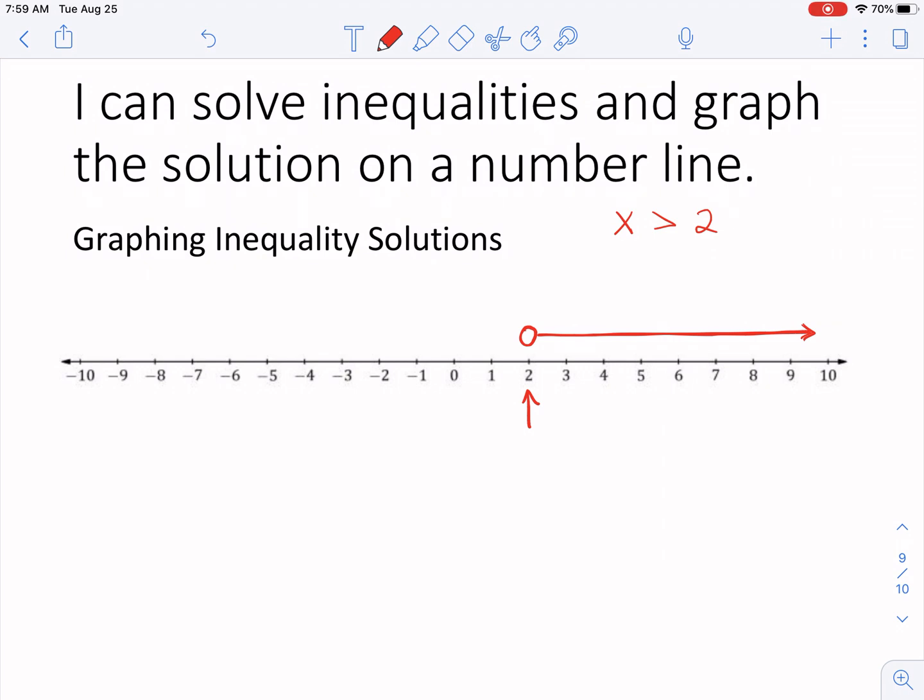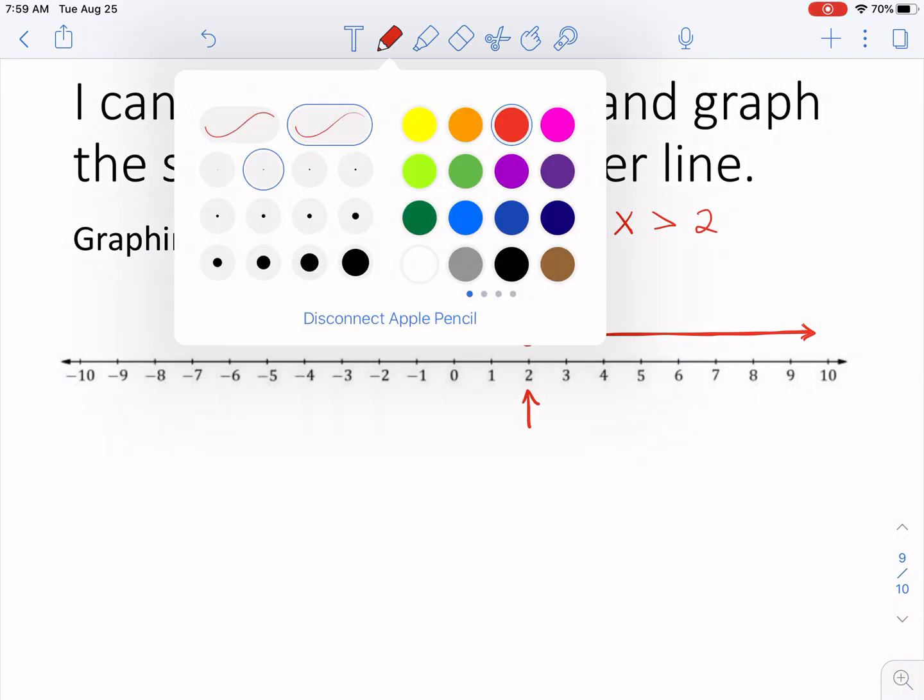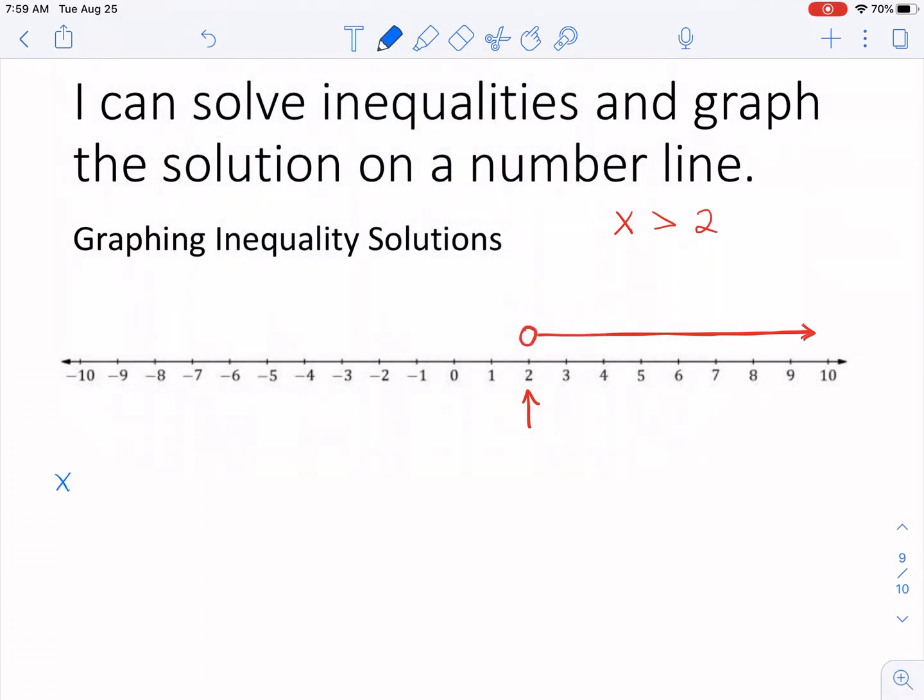So, let's try another one. Let's say x is less than or equal to -3. So that means -4, -5, -6, -7, and so on. They're all there. So I'm going to say, is -3 less than or equal to -3? The answer is yes. So that means instead of using an open circle, I use a closed circle, and I shade, this time, truly to the left.